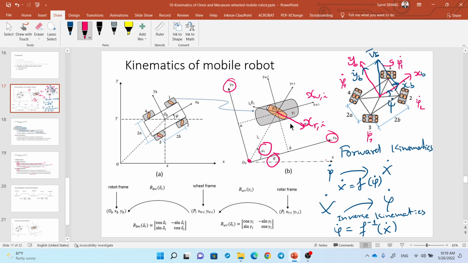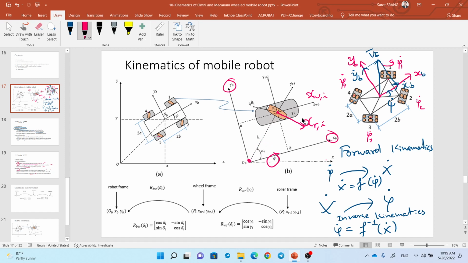Alpha is the angle of a vector from the center of the robot to the center of the wheel, and that vector has an angle with respect to the x-axis of the body of the robot.